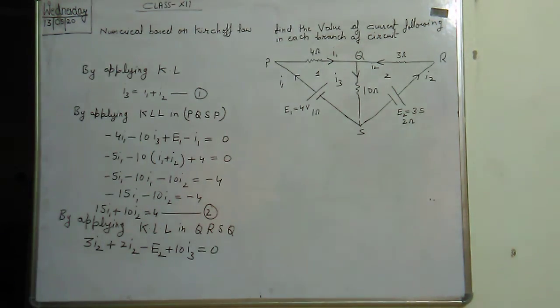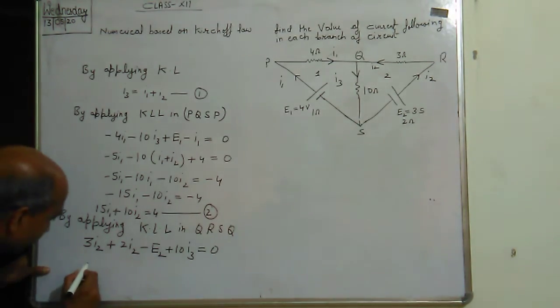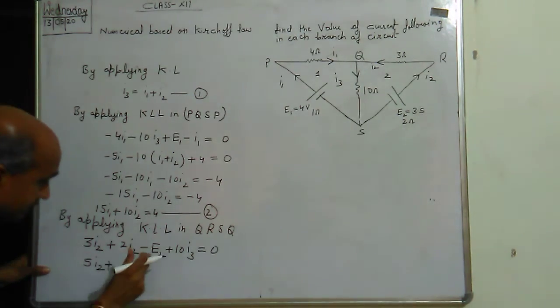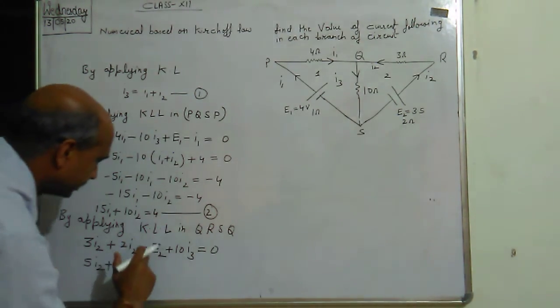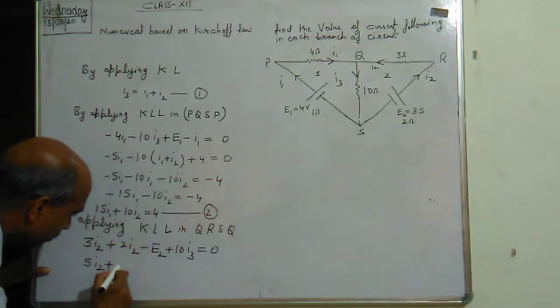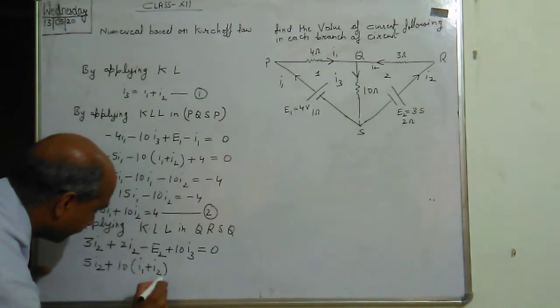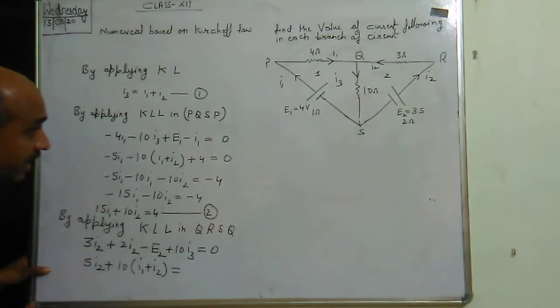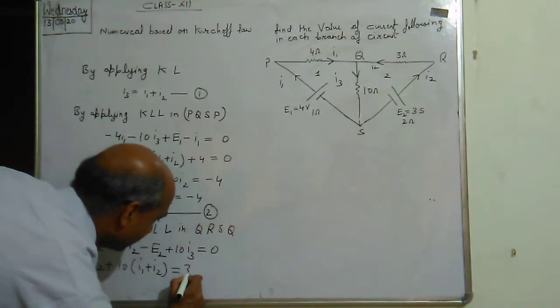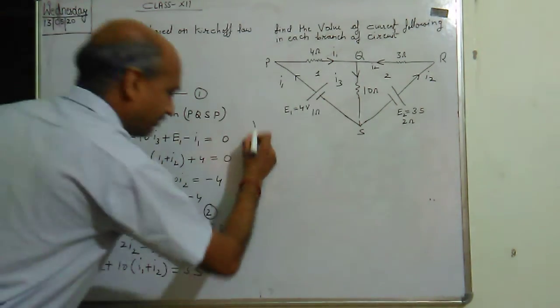So let us solve this. This will be 3 I2 and this is 2 I2, so that they get added. So we get 5 I2 plus, and shifting to this side, plus, and put the value of I3. So 10 into I1 plus I2 equals to the value of E2, which is 3.5.